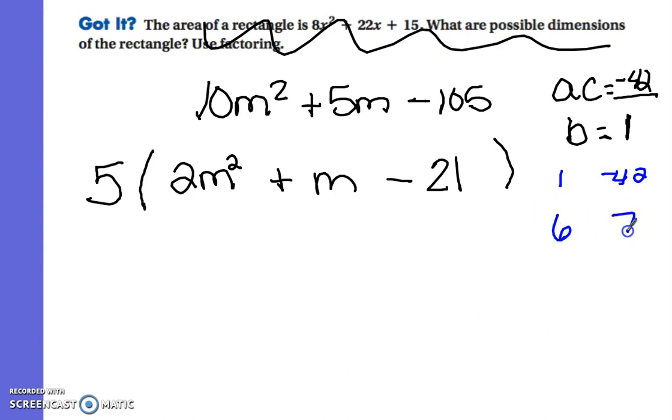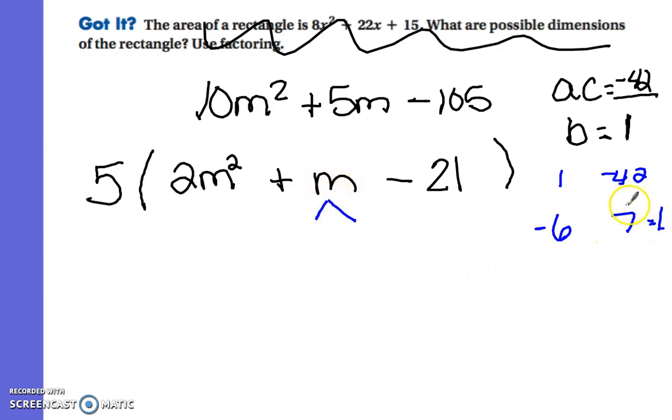I can go real quick. 6 times 7. One of them has to be negative. So if I put this, negative 6 times 7 gets me negative 42. When I add these together, I get a positive 1, and that's what I need. So if I look here, 6 and 7, I can break this one into two different terms.